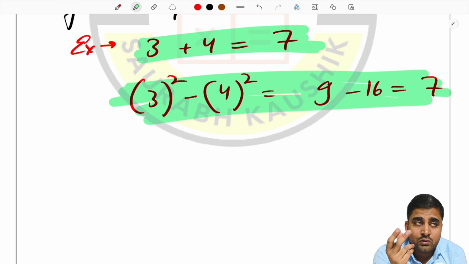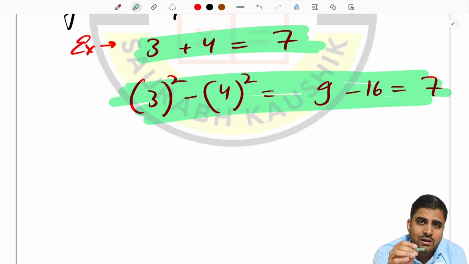Then you first do the squares, then subtract them. Or let us say you have to find the difference of the squares of 83 and 84. What will you do? Are you going to first take the squares of the numbers, then take the difference? No.